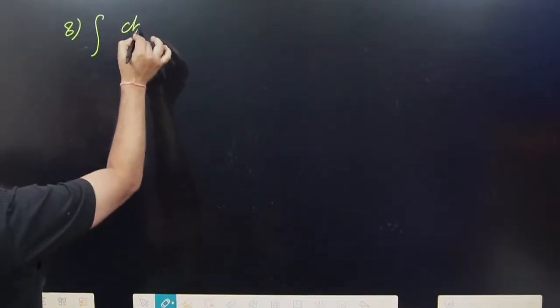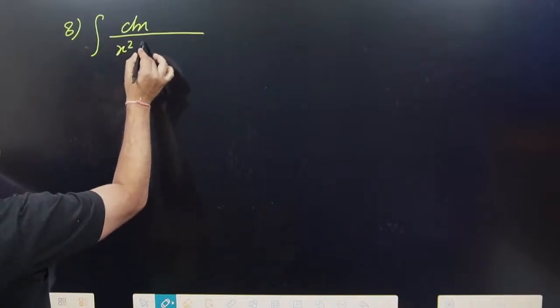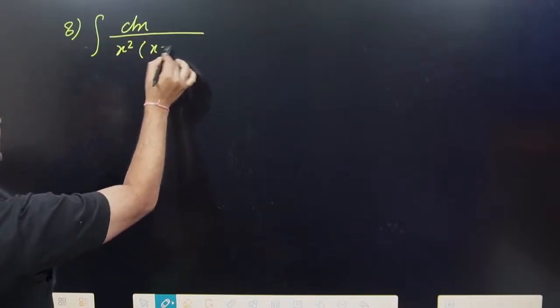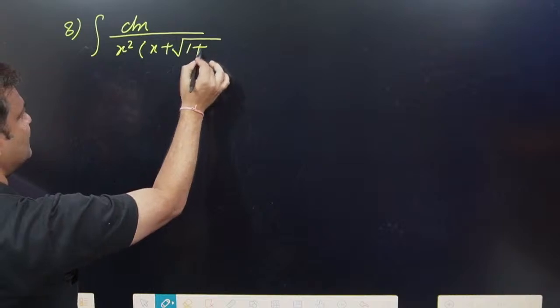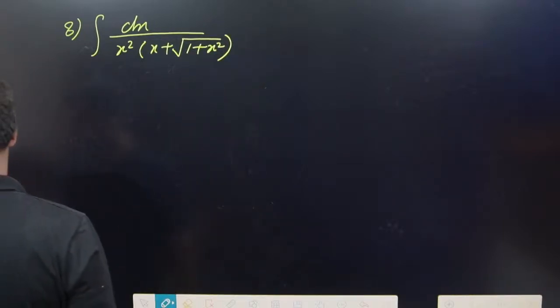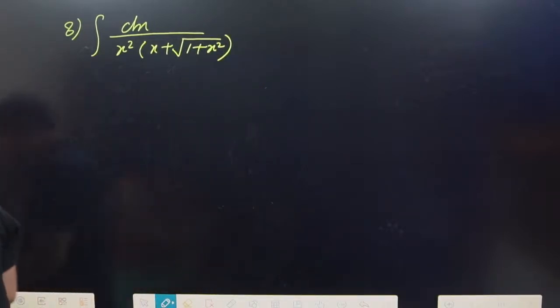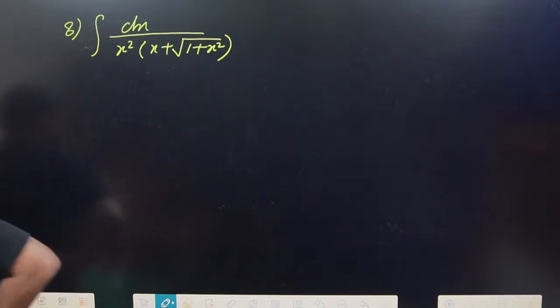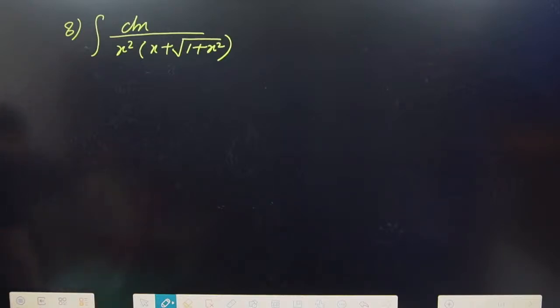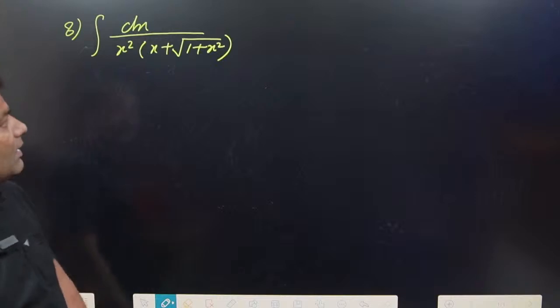Integration of dx divided by, here x square, so x plus under root. Okay, how can we do it? First of all, everyone can try, then after that I will do. Okay, how can we do it?